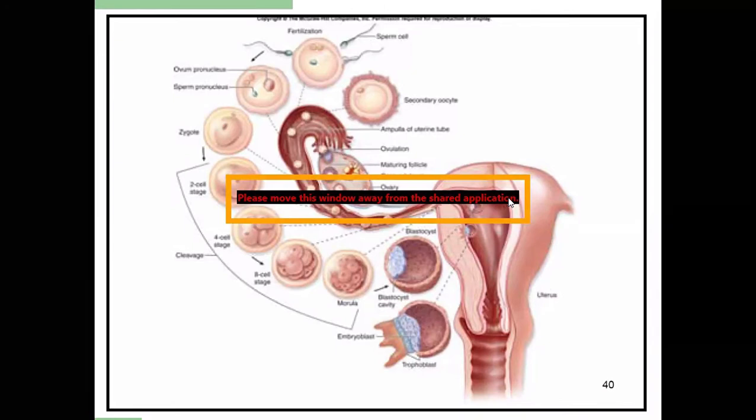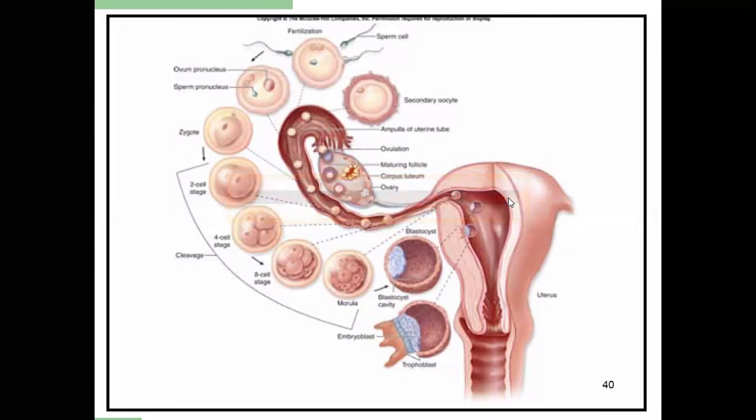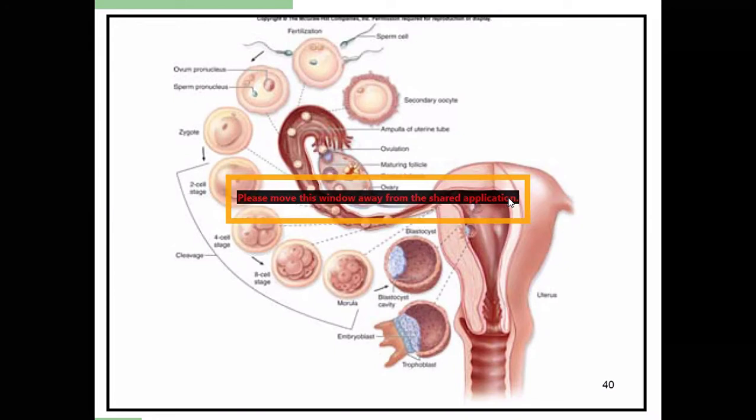So in this picture, the normal thing will have doubling. Within 7 days, there's doubling and doubling until it becomes a blastocyst. Supposing there is an adhesion inside the fallopian tube, it cannot pass through. It stays there and becomes a blastocyst in the ampulla of the fallopian tube.